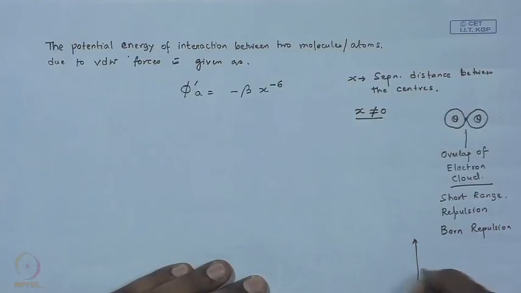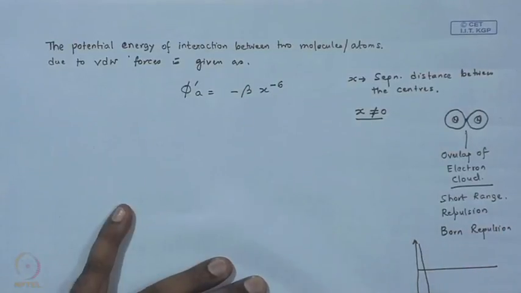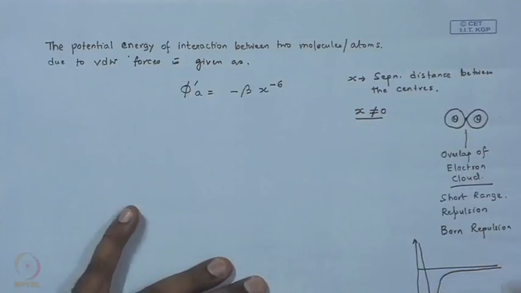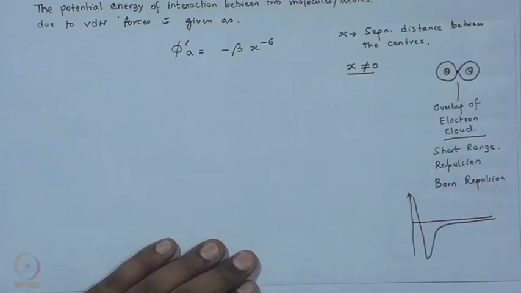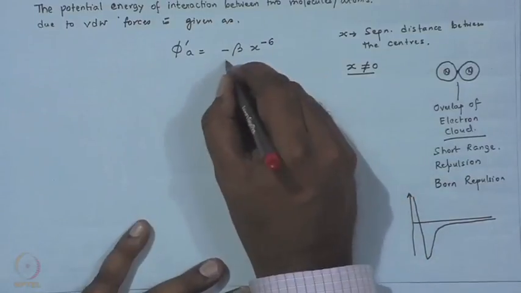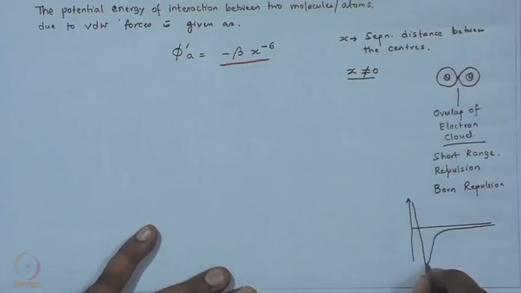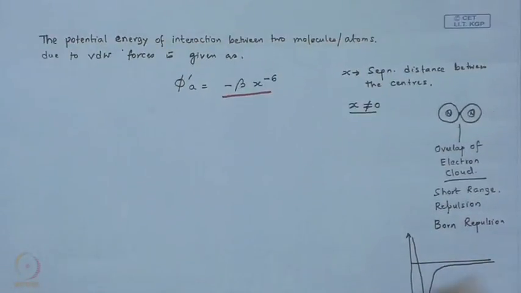And this corresponds to this part of the curve, because had there been no repulsive component at x tending to 0, following this relation, the interaction would have tended to minus infinity, which does not happen.